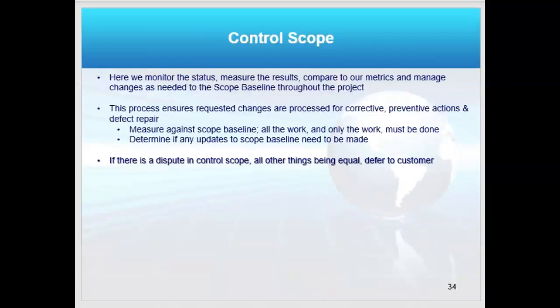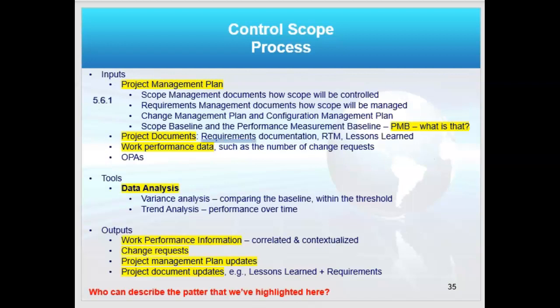And then control scope is the other control process. Here, this is your typical control scope where we monitor the status, measure the results, and we compare the plan versus the actual, and we take action. Okay, so this is the actual process with the inputs, tools, and techniques and outputs. For my inputs, your project management plan and your project documents are always an input in a control process.